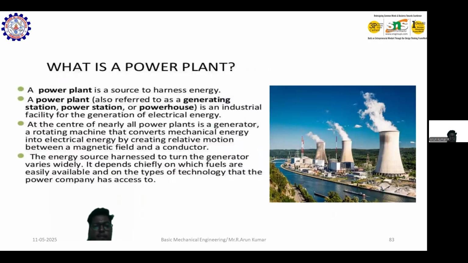Before going further, what is a power plant? Coming to all together, conventional or non-conventional, renewable or non-renewable, the power plant is nothing but a harness of energy. The power plant is one of the essential tools for generation of power.